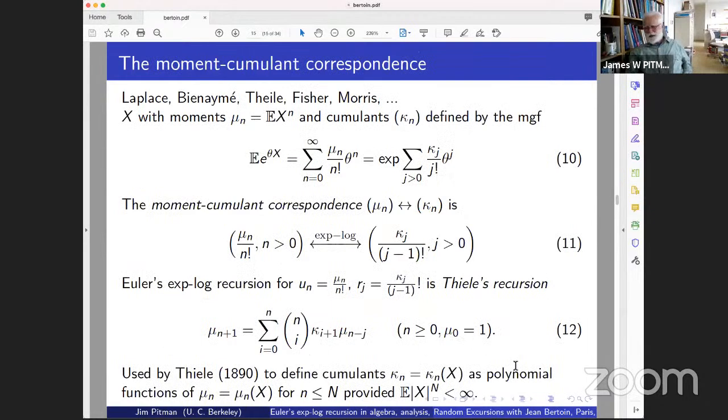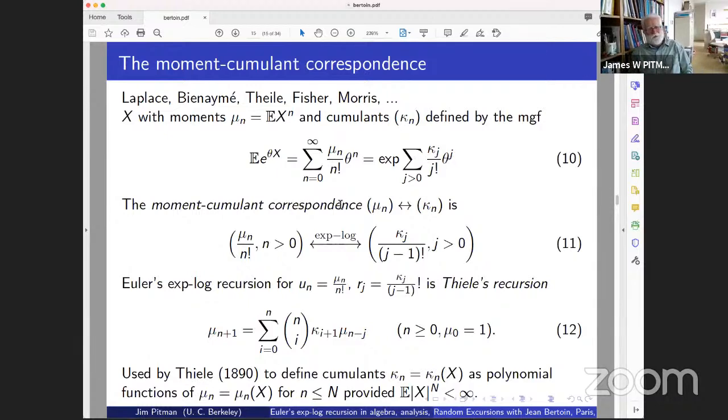Okay, so let me say quickly the moment-cumulant correspondence. If you have a random variable with moments mu_n, the cumulants kappa_n are defined by the moment-generating function. We assume we have a convergent moment-generating function in the first instance. We write it down, and we prefer to see it as an exponential because nice things happen inside the exponential, as we know from the normal and Poisson case.